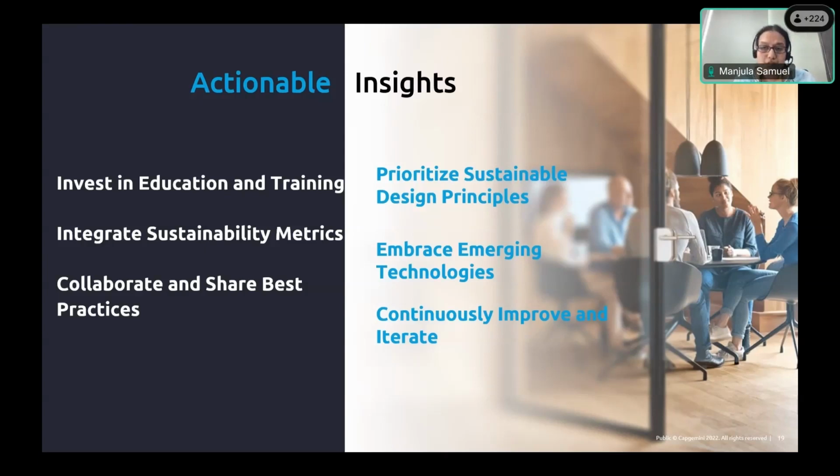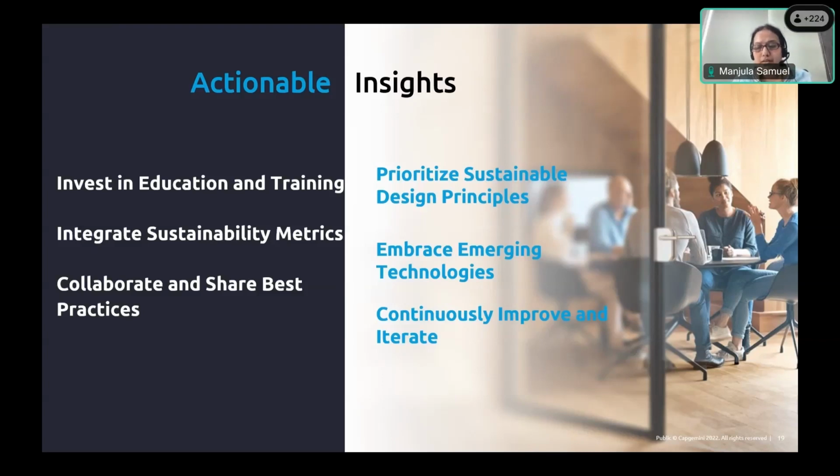Engage with the industry initiatives, collaborate with other organizations, share best practices with the wider community, and leverage knowledge sharing platforms to learn from others and drive collective action towards sustainability. Prioritize sustainable design principles such as modularity, reusability, and energy efficiency in software architecture decisions.